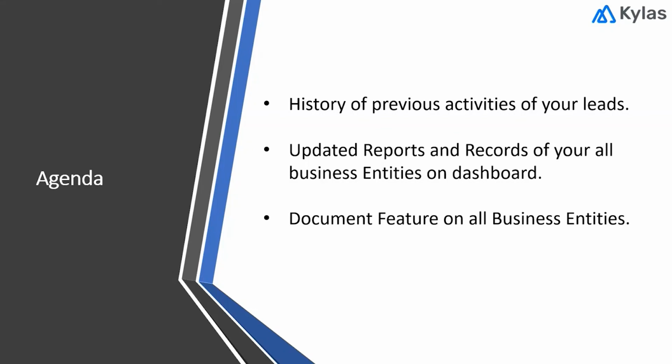Then we saw the enhanced dashboard and how we can add the company and meeting reports to your dashboard to get a quick glimpse of what is happening with your companies and meetings. Then last but not least, the document feature on lead, deal, contact, and companies, which can be correlated with your business needs when it comes to storing any kind of documents related to these business entities.